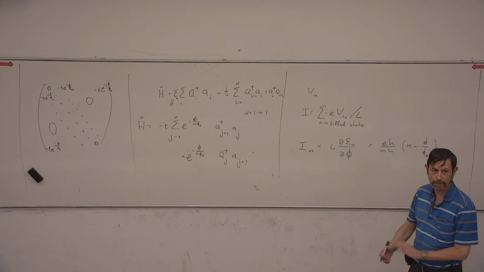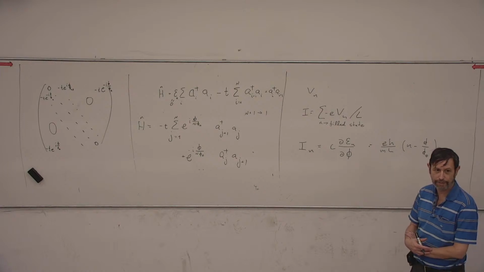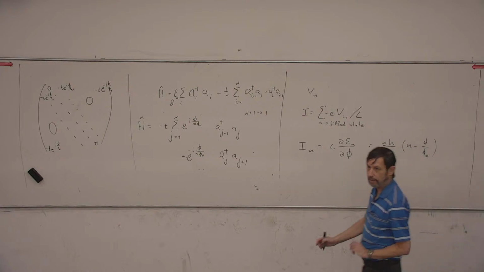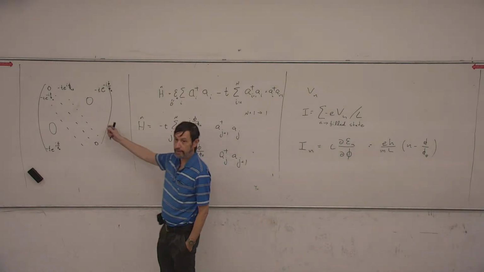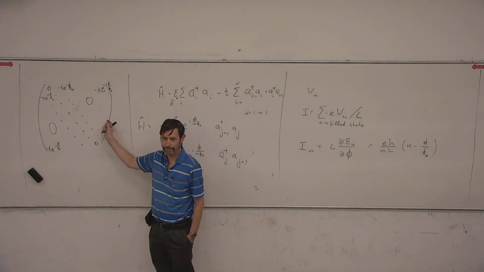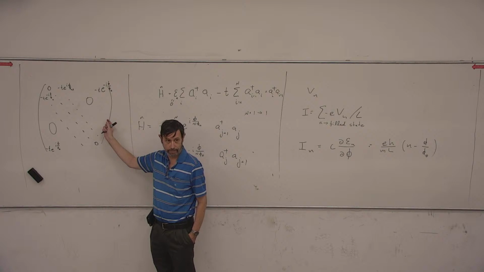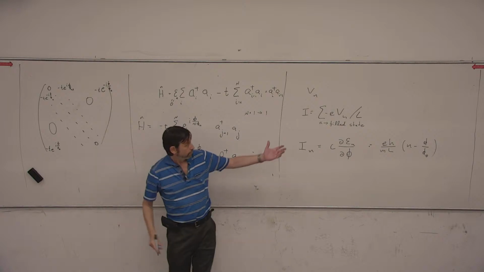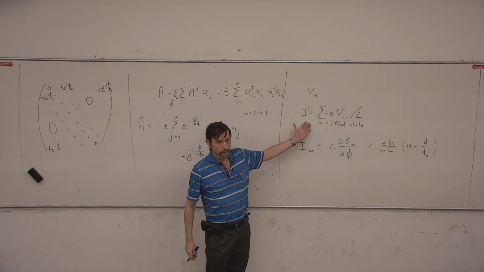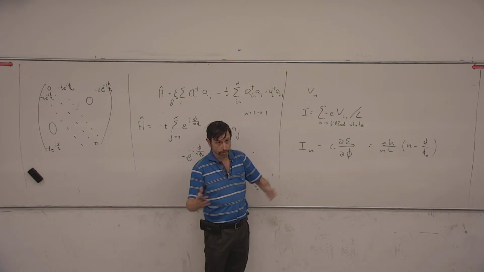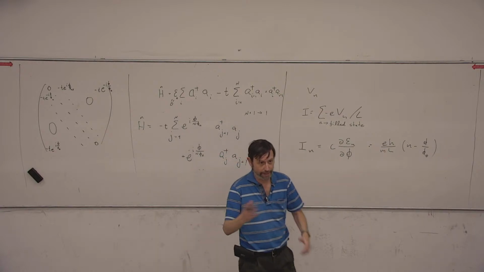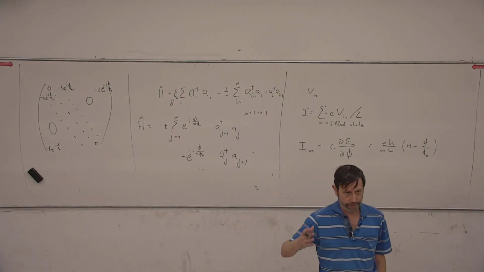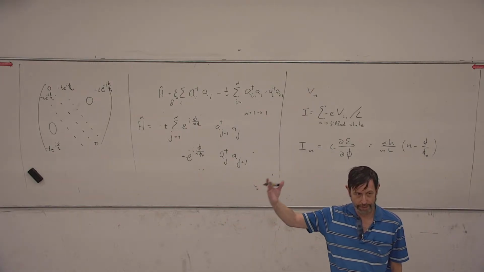So, how do you calculate the persistent current? Take this guy, get its eigenvalues, calculate it for different values of phi, and perform a derivative, meaning just subtract the value at the previous phi from the value at the jump you are doing in phi.